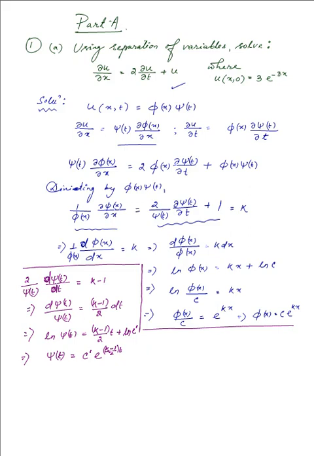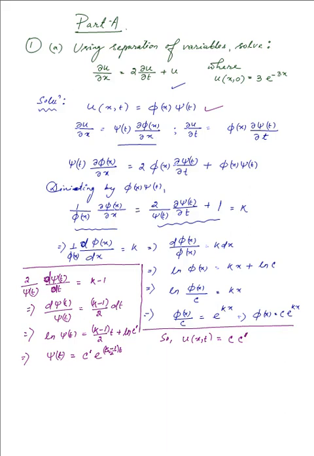So u of x t, being a combination of both of them, will be equal to the multiplication of both of them, as we had taken at the top, which is phi x times psi t. Phi x carries a constant c, e raised to the power kx, and c prime is the constant in psi t, so let me write that first along with c.